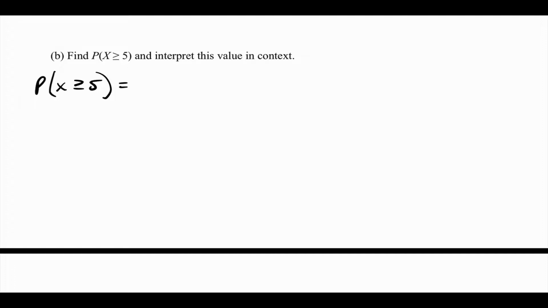So it takes him at least 5 tickets before he gets a winner. So this one could be, he could win on the 5th try. He could win on the 6th try. He could win on the 7th try. When do we stop? At the 8th try.